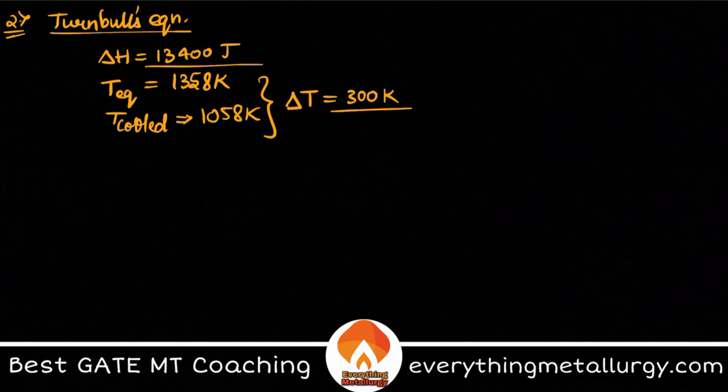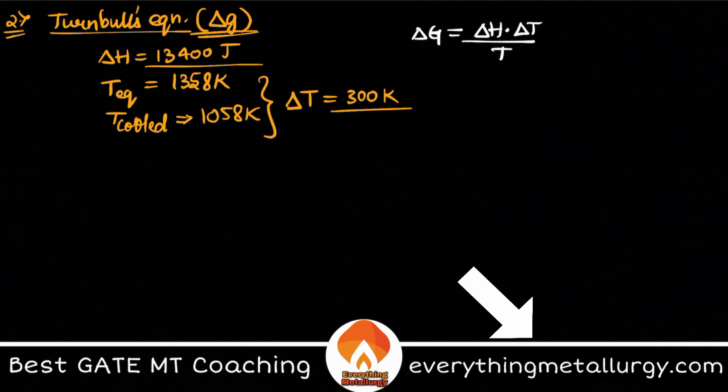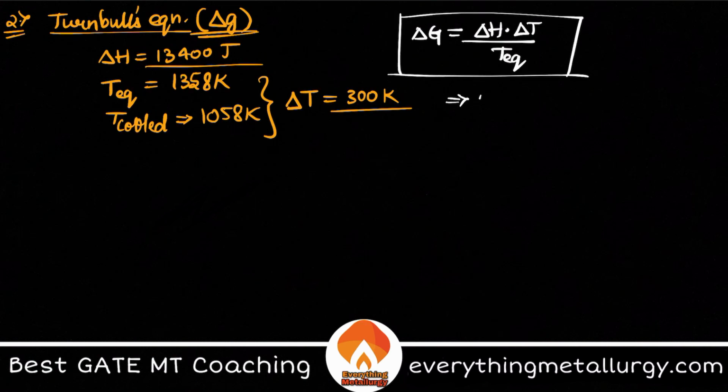We know that Turnbull's equation can easily calculate the Gibbs free energy, and that is what we need to calculate. So delta G is equal to delta H into delta T by T equilibrium. It is a direct equation. So delta G is equal to 13400 into 300 divided by the equilibrium temperature 1358.